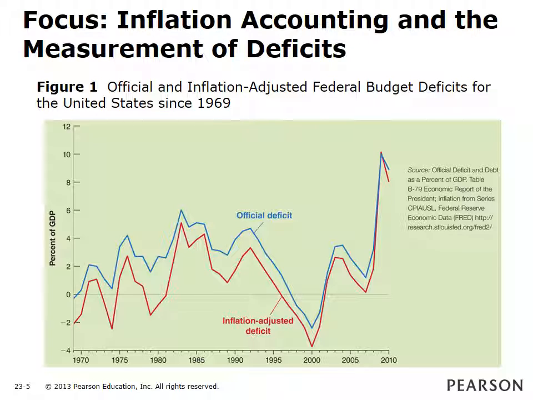Today, with inflation running at about 1 to 2% a year and the ratio of debt to GDP equal to roughly 90%, the difference between the two measures is roughly equal to 1 to 2% times 90%, or 0.9 to 1.9% of GDP.